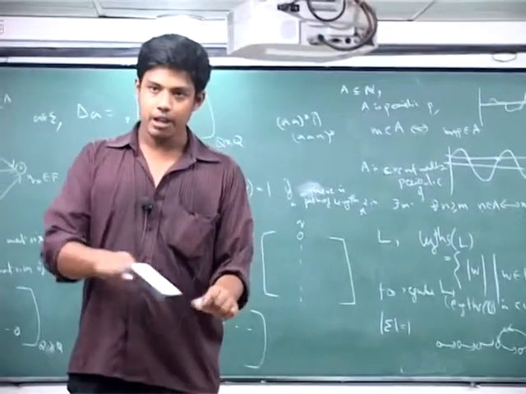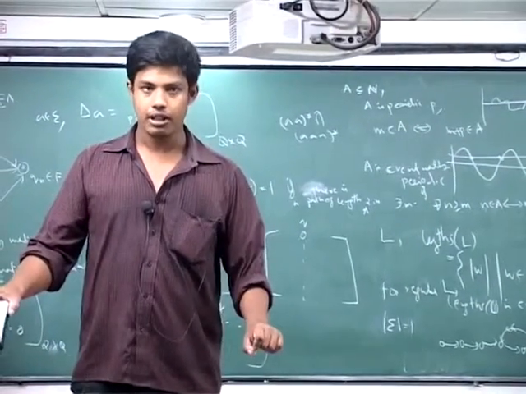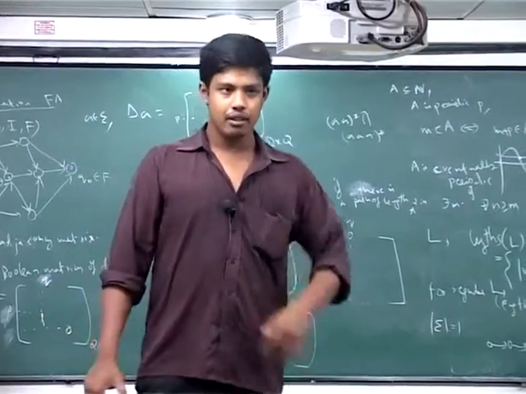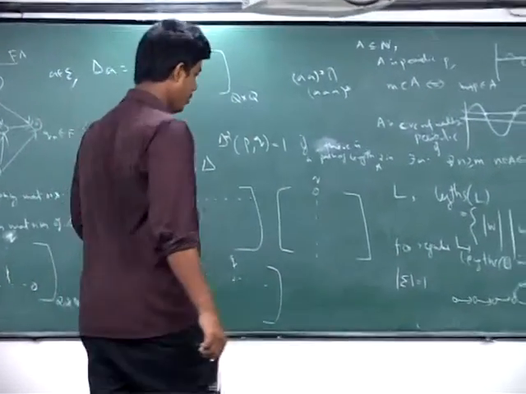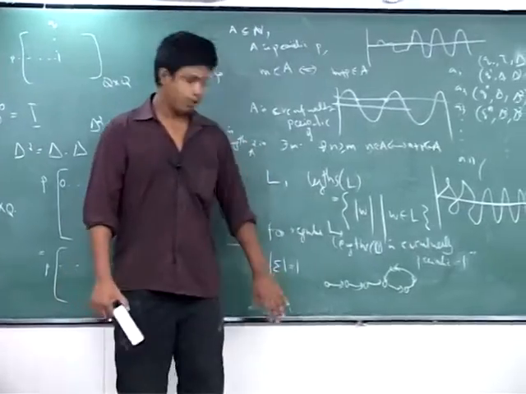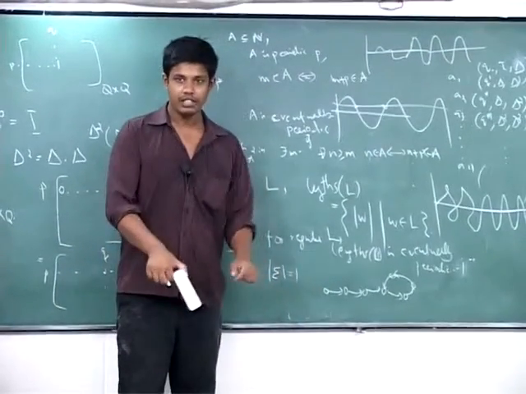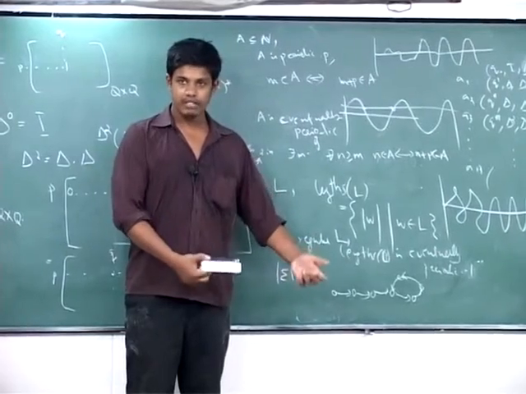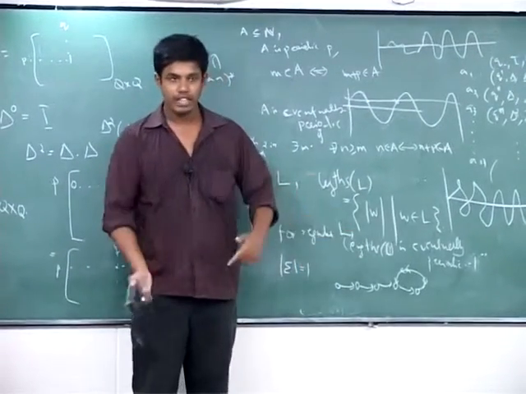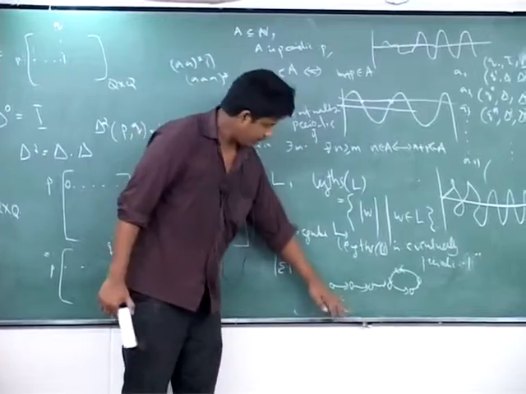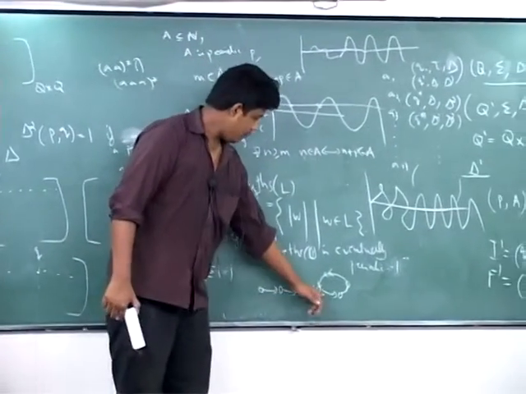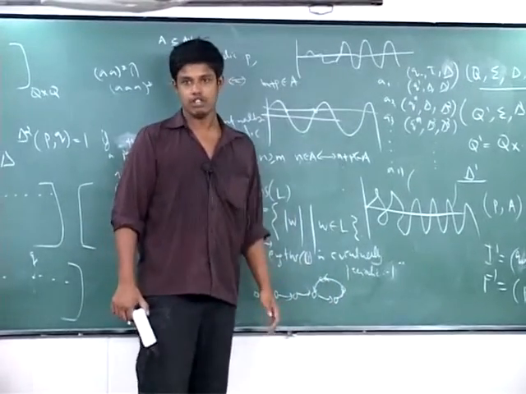Because earlier if I had a path of length n, now also I have a path of length n, except that I have replaced everything by A. And since this is our unary alphabet, I know that it is equivalent to something of this form, because now it has become non-deterministic when I replace the labels. Now when I determinize it, I'll get something of this form. This has an initial M and a period P, hence this is eventually periodic.